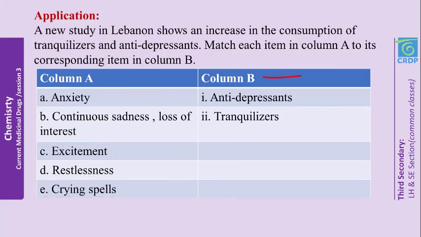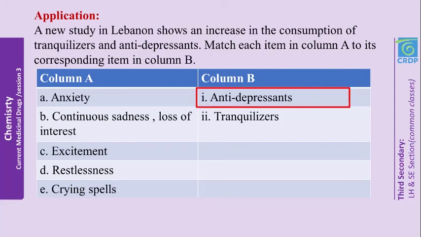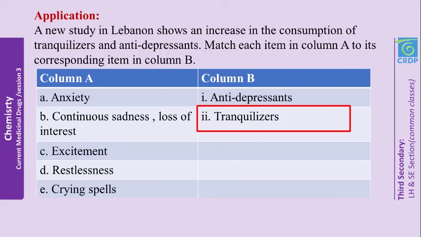Column B includes number 1. Antidepressants, number 2. Tranquilizers. So what do antidepressants treat and what do tranquilizers treat?